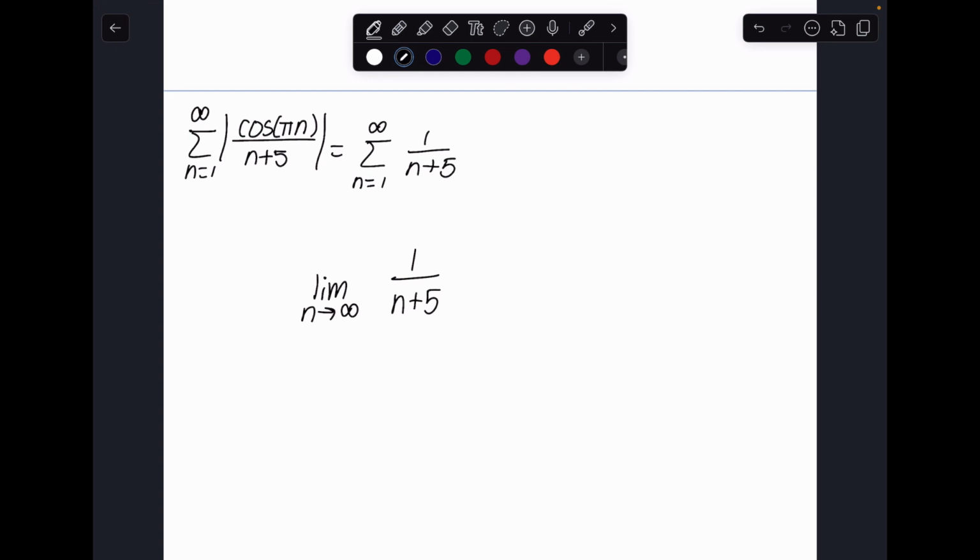So limit as n goes to infinity, 1 over n plus 5 over 1 over n. This is going to give us limit as n goes to infinity of n over n plus 5, which is equal to 1.